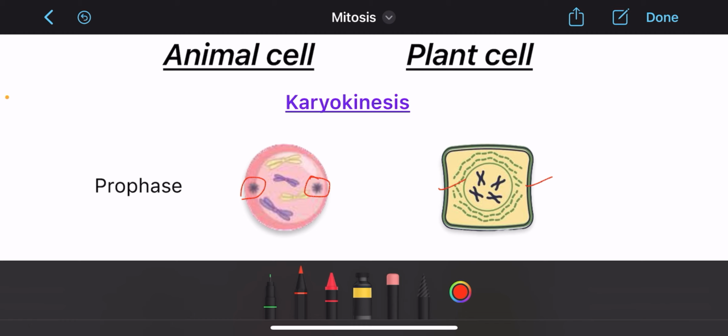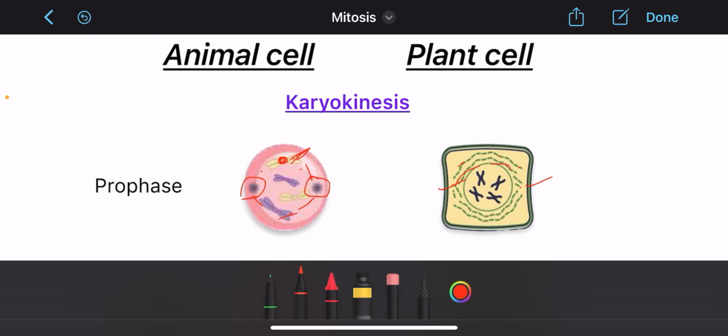We can see the nuclear membrane has disappeared, the nucleolus has disappeared, the chromosomes have become distinct, and the chromosomes were already duplicated, with the sister chromatids joined together with the help of a centromere. The spindle fibers can be seen at this stage between the two poles or the centrioles in the case of an animal cell, and in the case of a plant cell, between the two poles, you can find the spindle fibers.